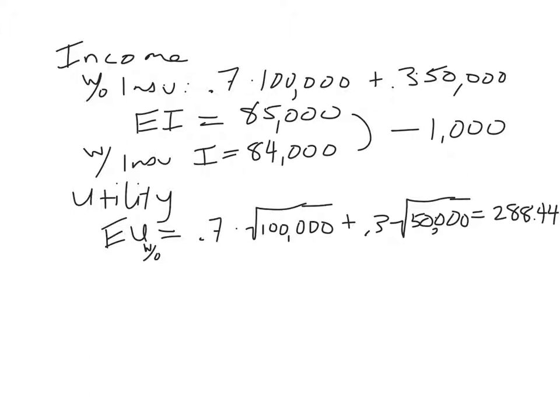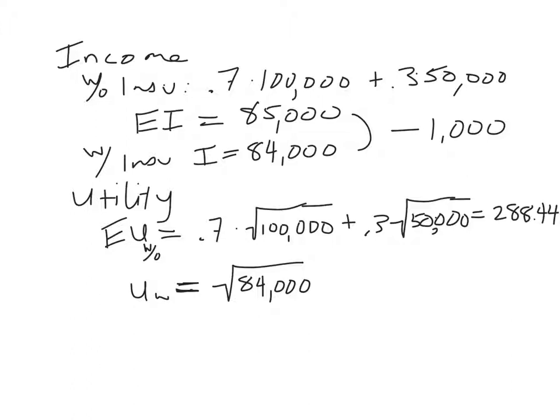And then with insurance, she has a guaranteed level of utility that's associated with that guaranteed level of income.